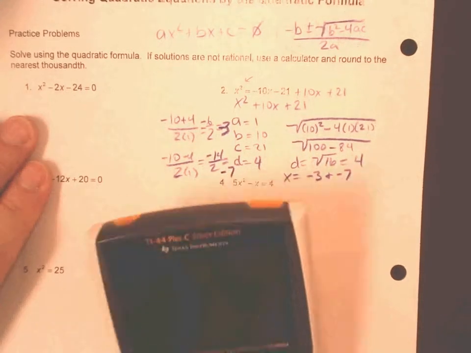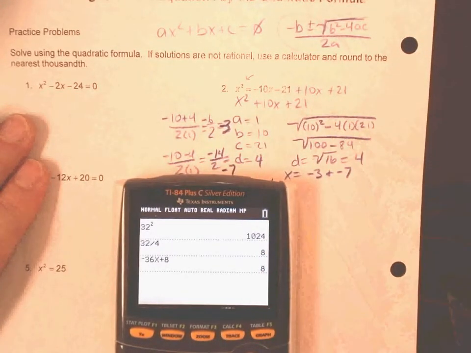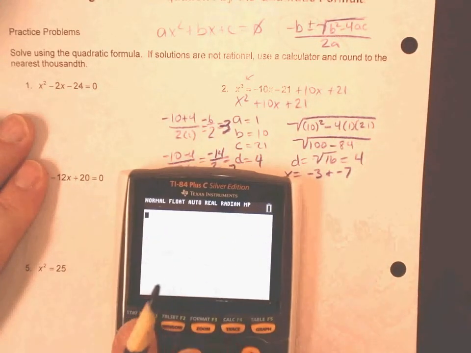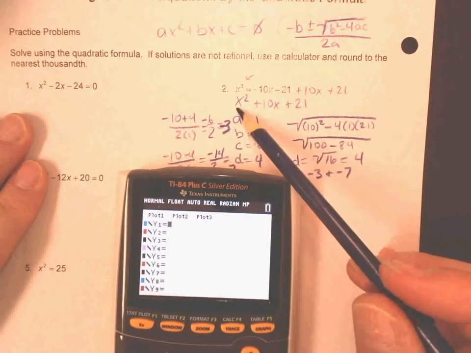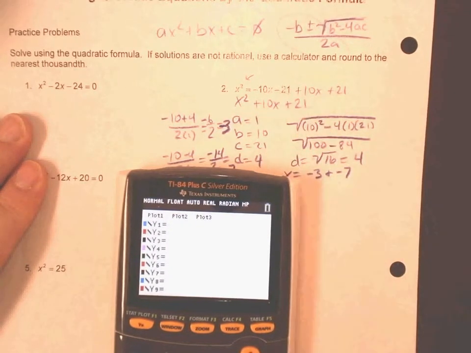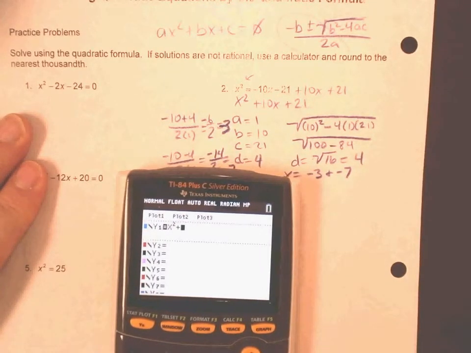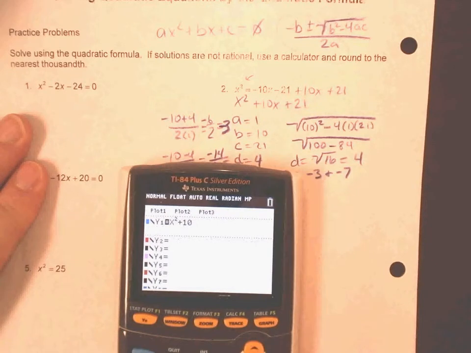If I look at this equation in a graphing calculator, I'm just going to put it straight in as I see it here, not up here. It's going to be x squared plus 10x plus 21.